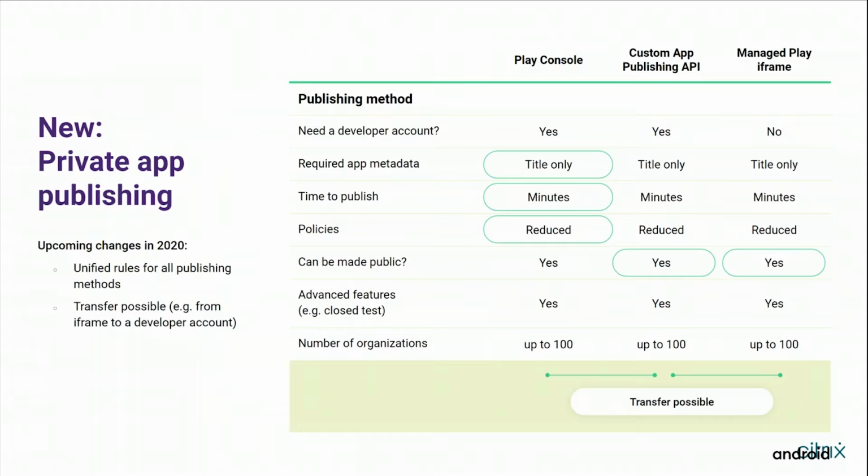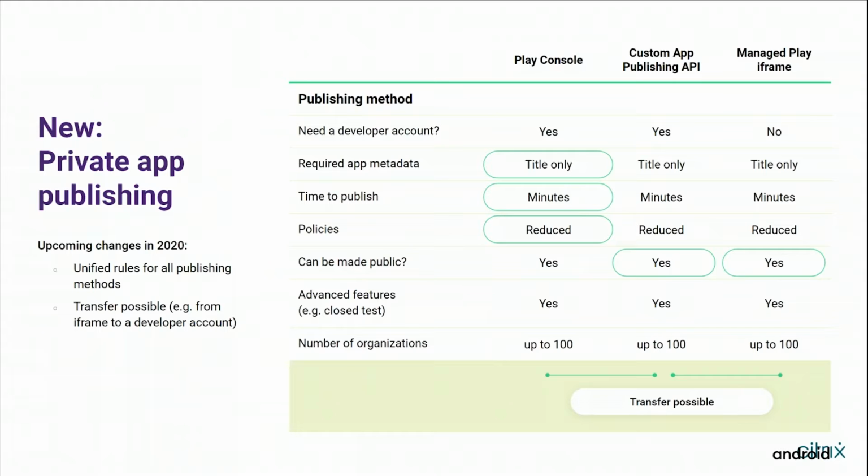In 2020, so not so long ago, actually, we've simplified the process. We've unified the rules across all methods, with the fast process being applied to all 3. And we've also allowed transfers between the methods, as you can clearly see in the table. So now, for all the methods, you only need to provide an APK and a title.